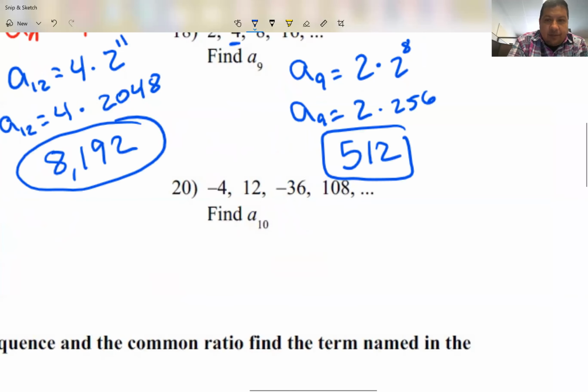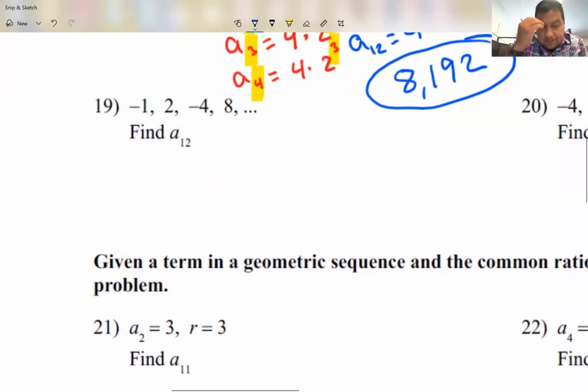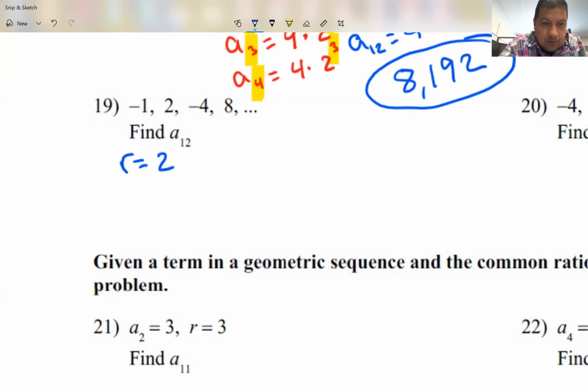Now, let me take a look at number 19. Let me find out what's the ratio. My ratio is any number divided by the previous number. I'm going to choose 2 divided by -1. So it gives me that my ratio is -2.